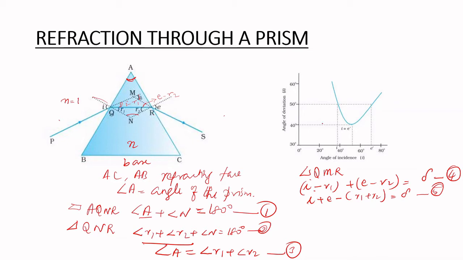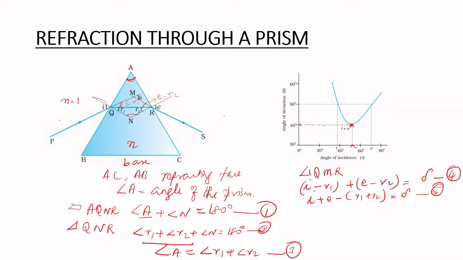Now when you do this experiment and plot the graph, for small angles we get large deviation, then the deviation decreases, and it becomes a minimum value at this point. For example, at an angle of incidence of 50 degrees, the angle of deviation becomes 40 degrees. Then again, if you increase the angle of incidence, the angle of deviation is going to increase.